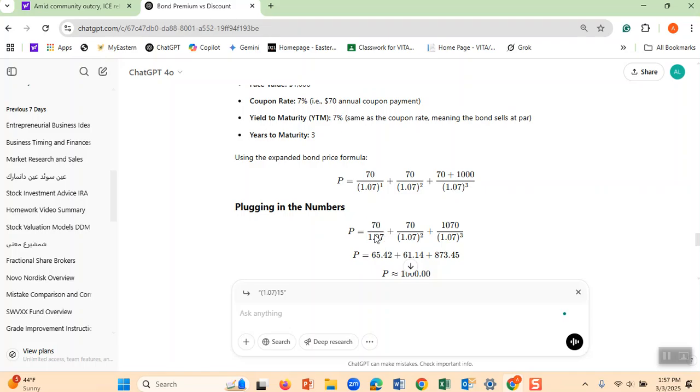But this elderly person is not scared of anything. You know why? Because he or she is going to hold the bond for how many years? 2 more years. But he is guaranteed next year how much? $70. And in the third year, how much is he going to get back for the money? 1,000.